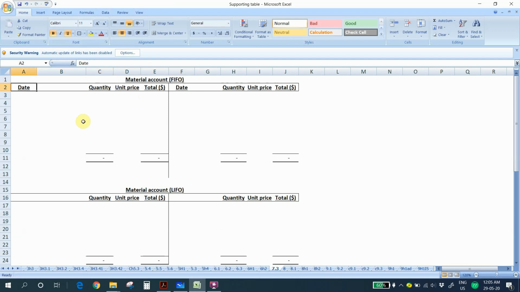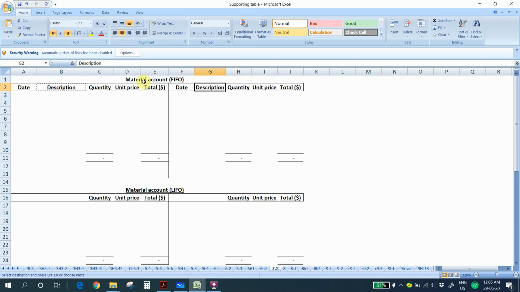So this is the debit, and this is the description of the transaction, followed by quantity, unit price, and total. So we have 5 columns on the debit, and another 5 columns on the credit.